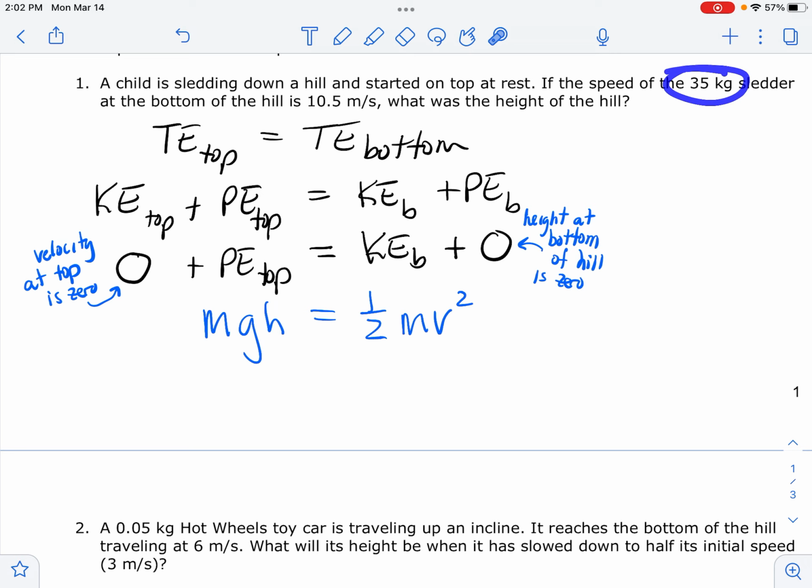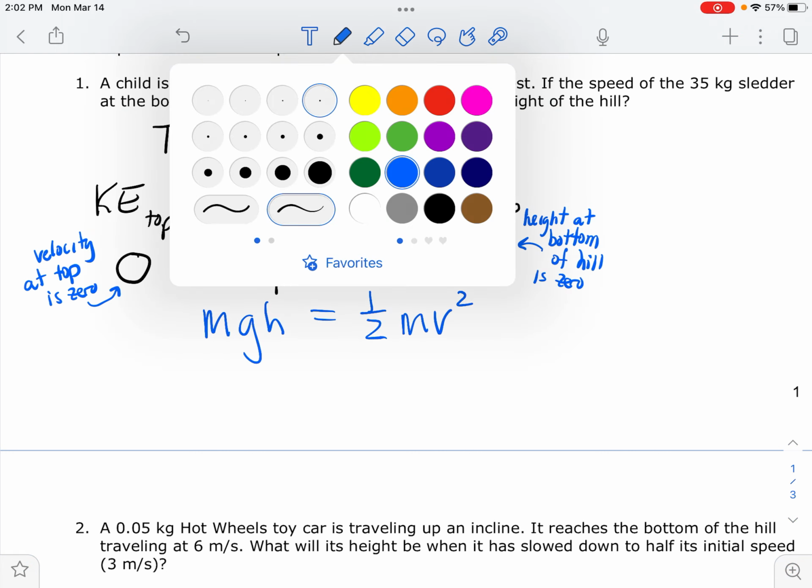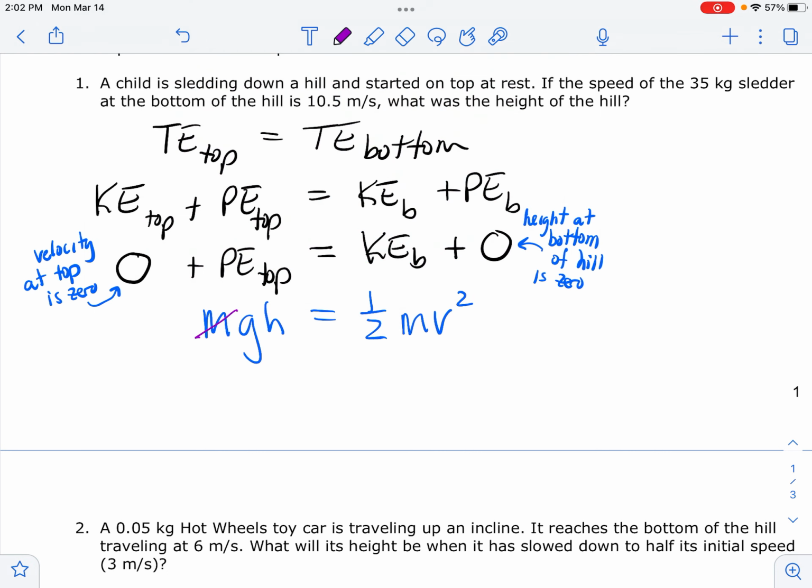You can plug in the 35 if you want, but it's going to cancel each other out anyways because they're on both sides of the equation. So I'm going to go ahead and just cancel those. But if you don't see it immediately, it's fine. You can still plug in the mass and the numbers will work out correctly.